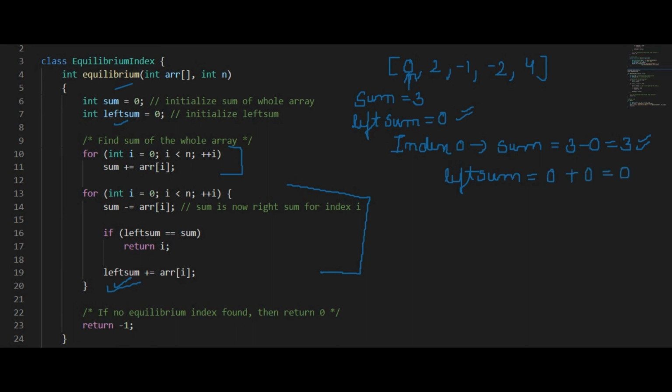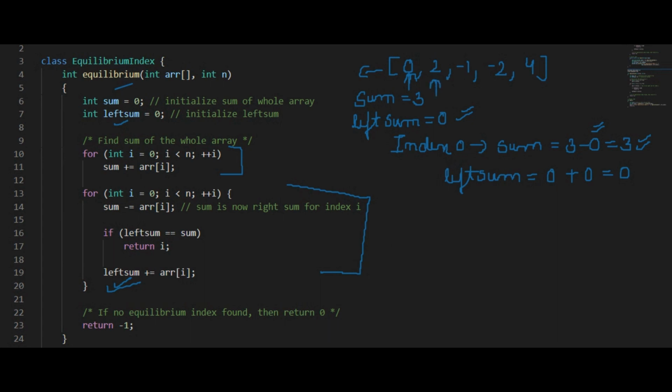So for index 0, our left sum will be 0 only because there are no left elements. Our right sum will be the total sum minus the current element. Now let's move forward.